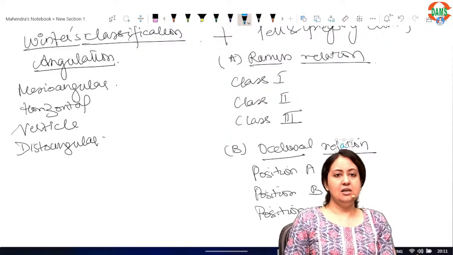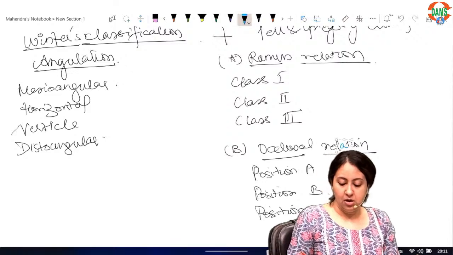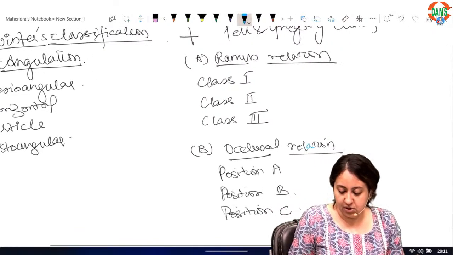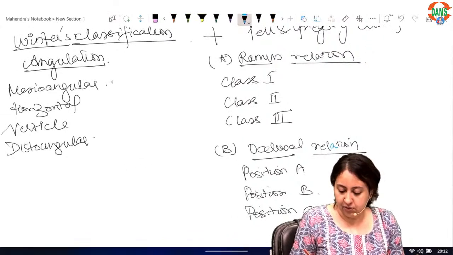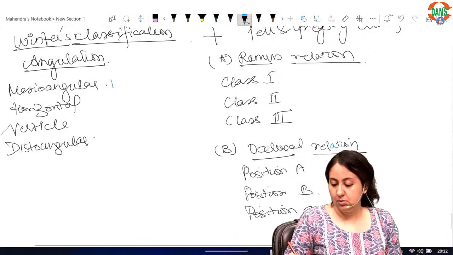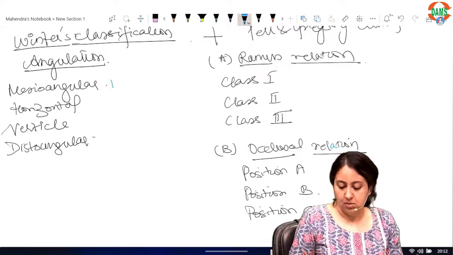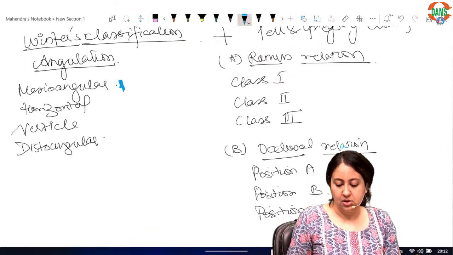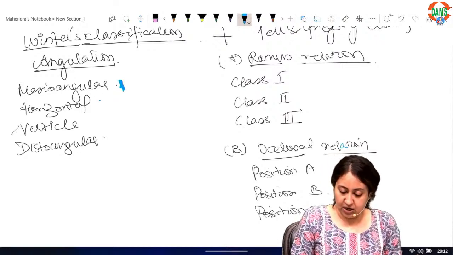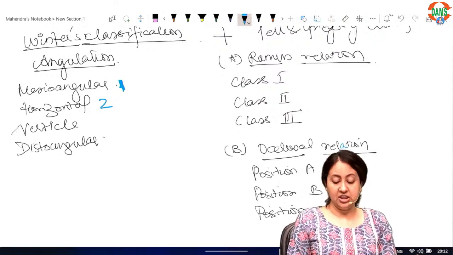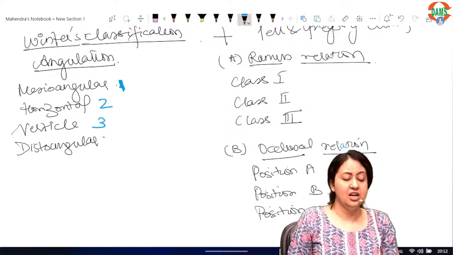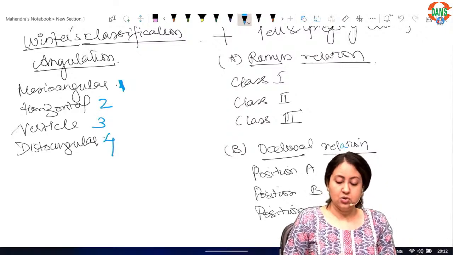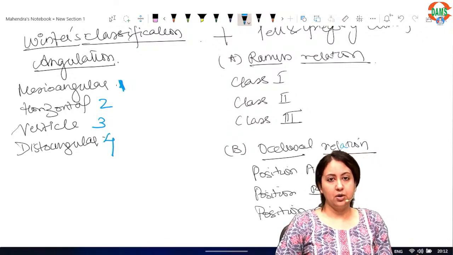Now let's see his scoring criteria. To mesioangular, he gave a scoring criteria of 1. To horizontal, he gave a scoring criteria of 2. To vertical, he gave a scoring criteria of 3. And to distoangular, he gave a scoring criteria of 4.